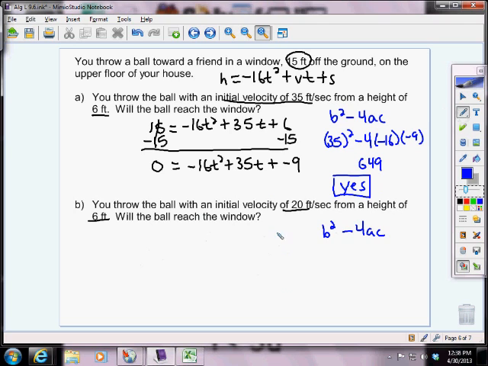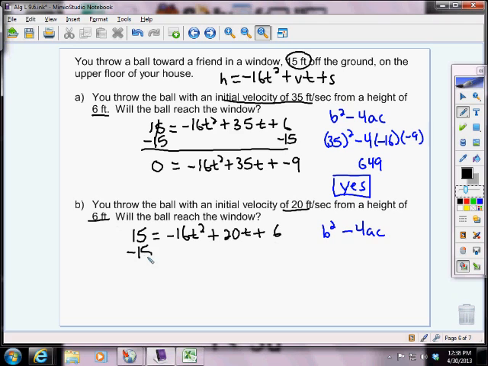Okay, using our new information here and our vertical motion model, we're going to say we want to know if it's going to reach a window 15 feet up. We have negative 16 t squared plus our initial velocity of 20 times t plus our initial height of 6.